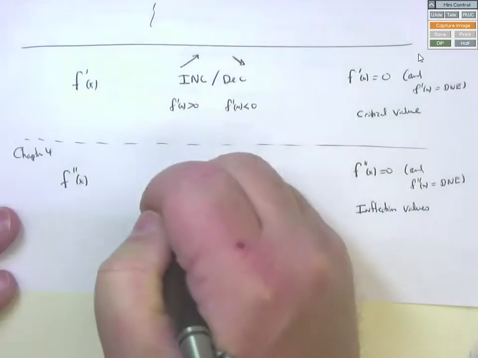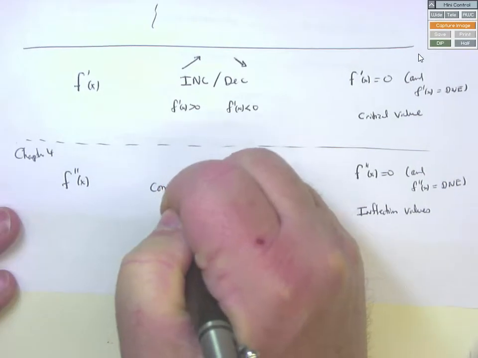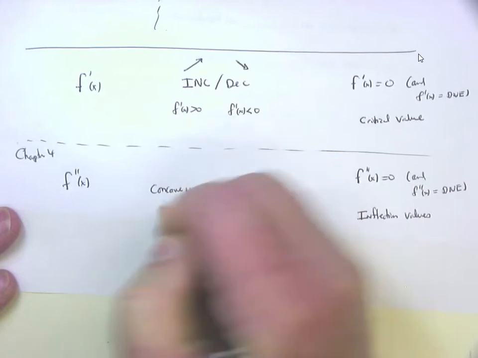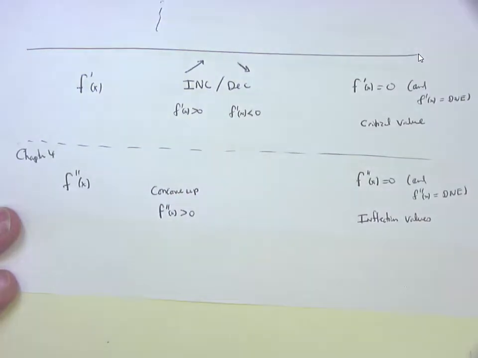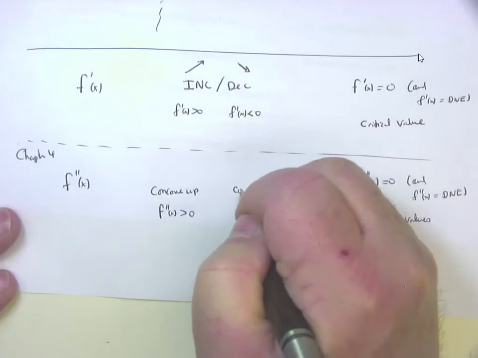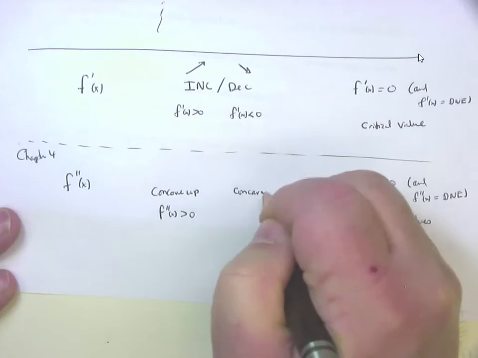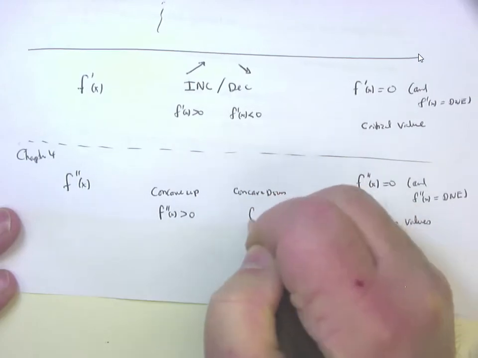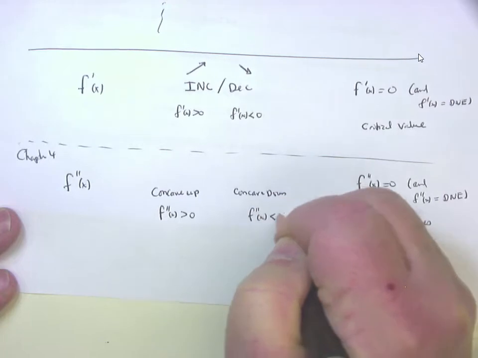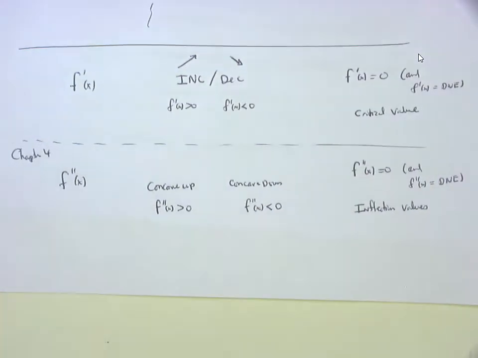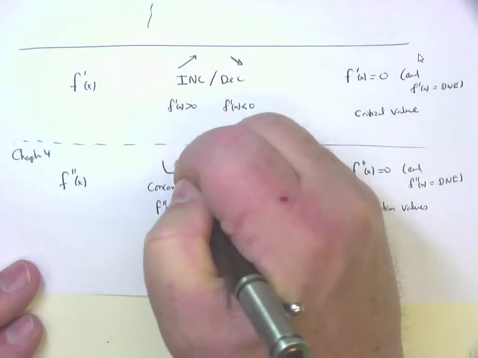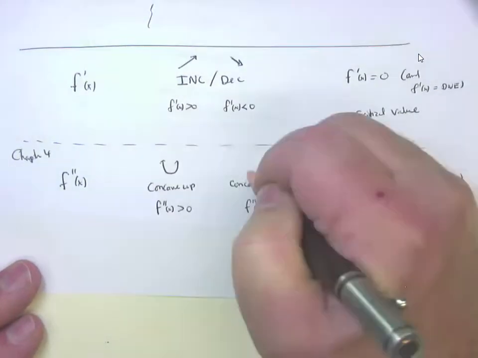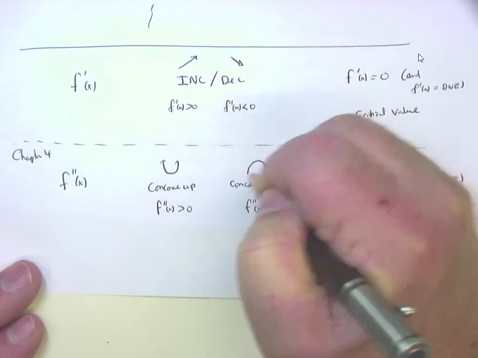Something called concave up. That's where the second derivative is greater than 0. And you have something called concave down. That's where the second derivative is less than 0. Concave up means it's going to be U-shaped up. Concave down is going to be U-shaped down.